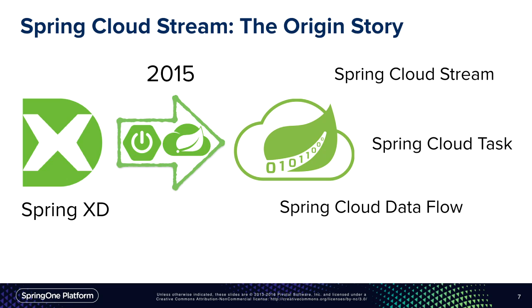And that prompted us to reconsider the architecture of Spring XD at the time. And instead of focusing on having a runtime that is able to deploy, let's say, modules with a proprietary structure, we focused on a more microservice-oriented architecture that targets cloud platforms.